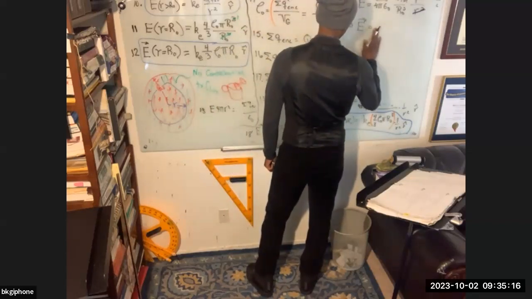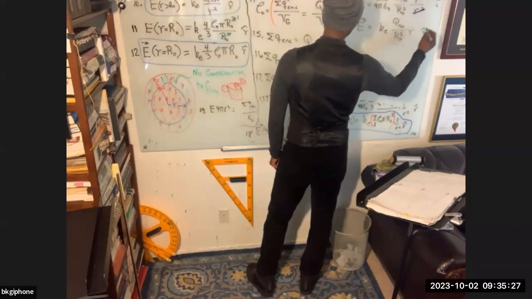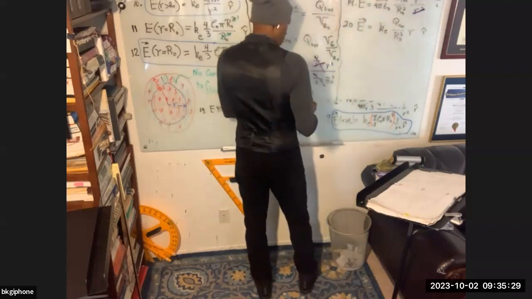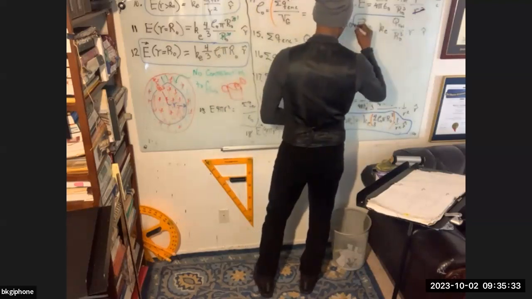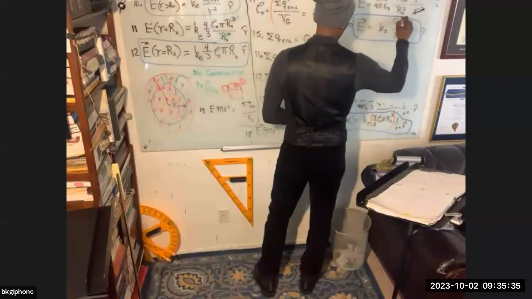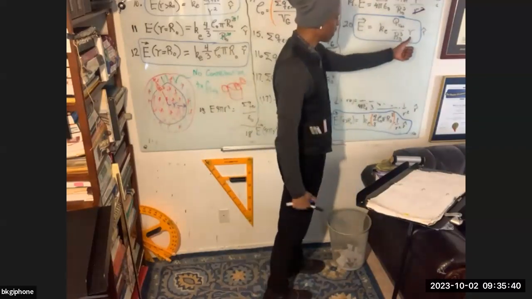So that's going to be k times Q total over r naught cubed times r hat. So it's a linear function on the inside, and it's great because at the origin, at the center, where r is 0, you just put 0.